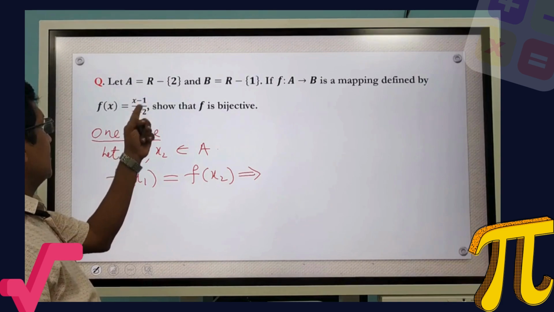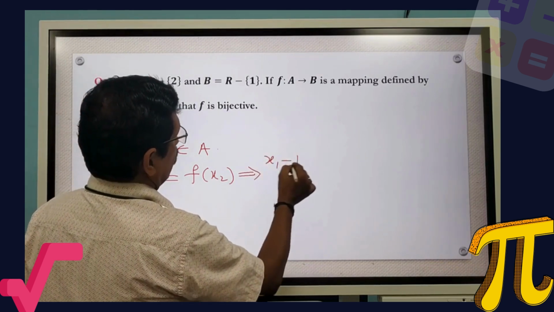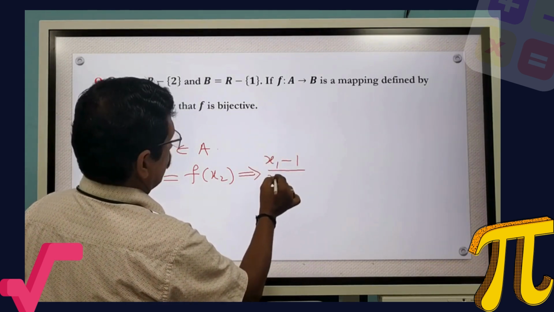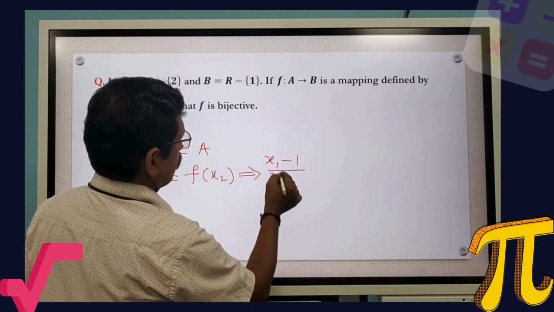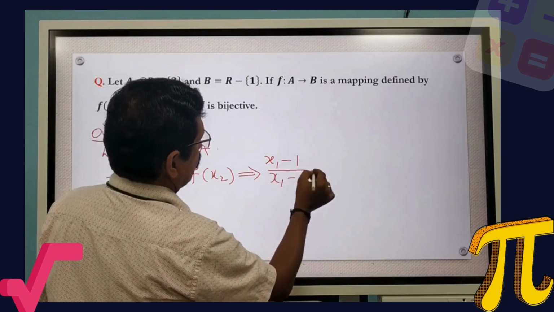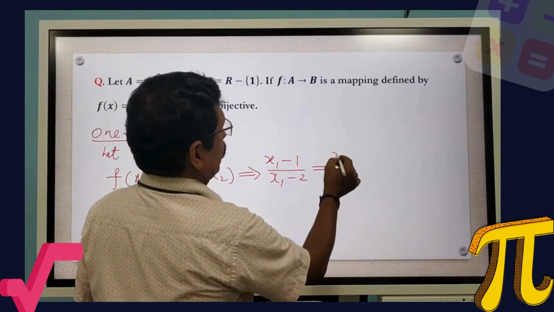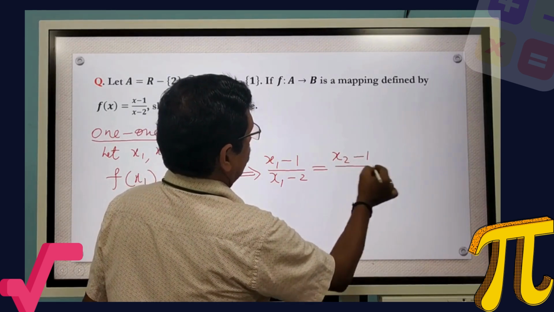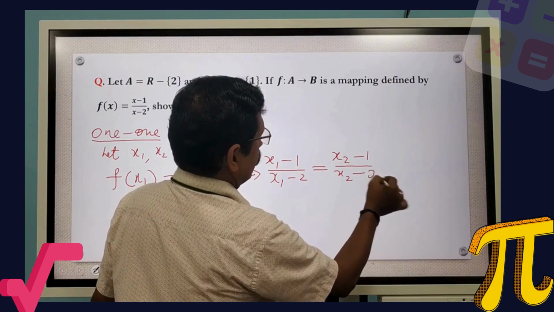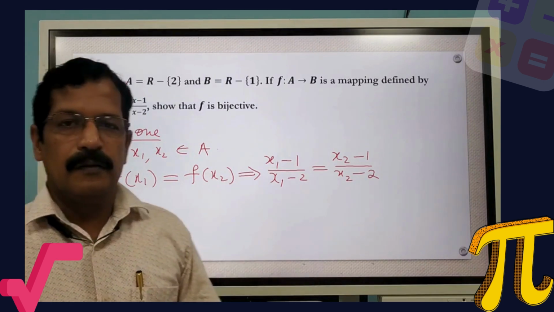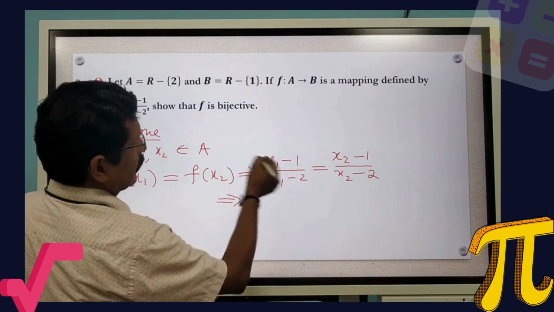f(x) is (x - 1)/(x - 2). So f(x1) is (x1 - 1)/(x1 - 2), and that is equal to f(x2). f(x2) is (x2 - 1)/(x2 - 2). Let us simplify it. Let us cross multiply it.